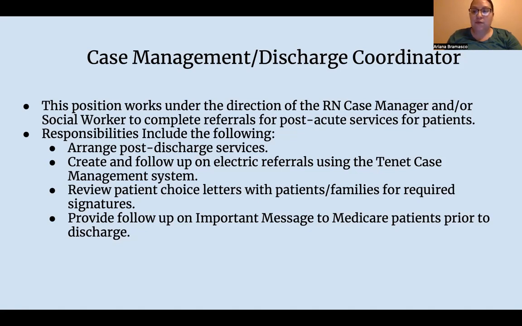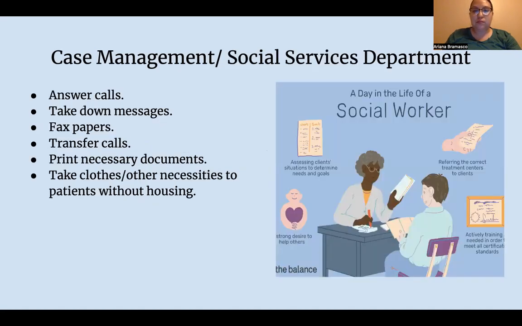And if they're okay with their family member getting transferred to that specific skilled nursing facility, then they will need a signature from them stating that it's okay to arrange transportation to that skilled nursing facility. They also have to provide follow-up on important messages to Medicare patients prior to discharge.